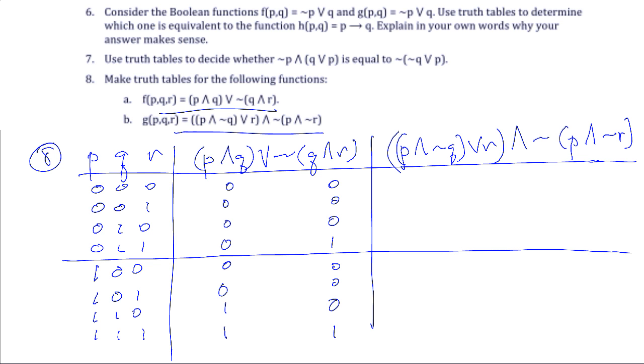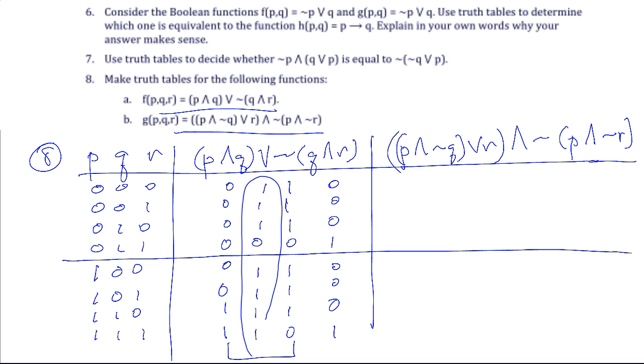Now I negate this Q and R, and I get a 1, 1, 1, 0, 1, 1, 1, 0. And now I do an OR between these two columns, and an OR is only false when they're both false. Otherwise it's true. Okay, so here's my final answer. It happens to be false only in one case. That is when P is false, Q is true, and R is also true.